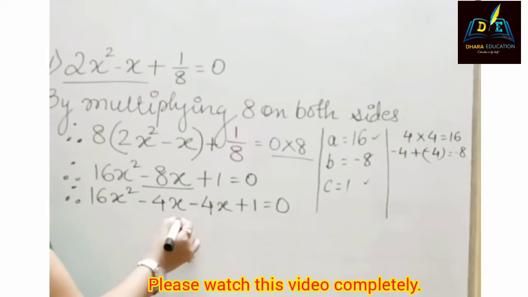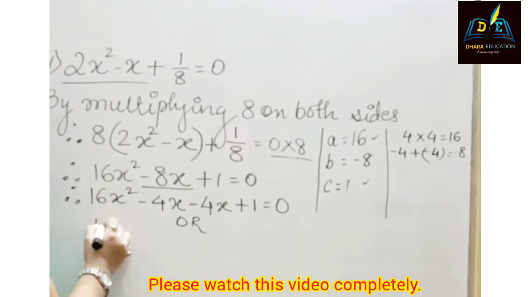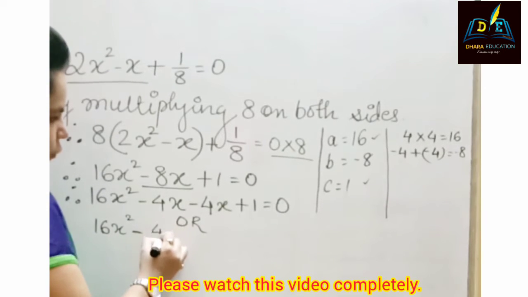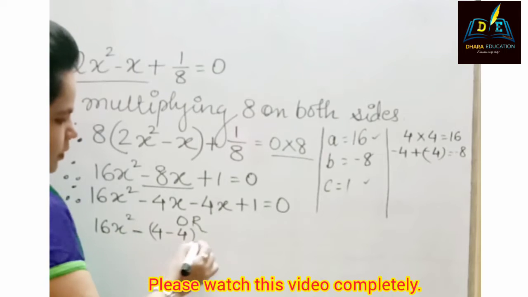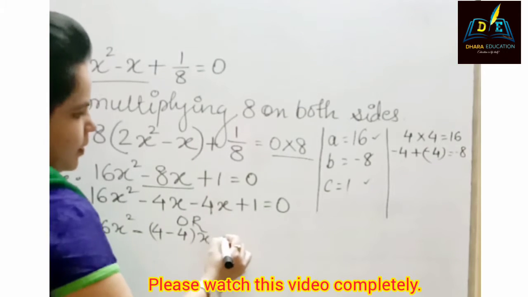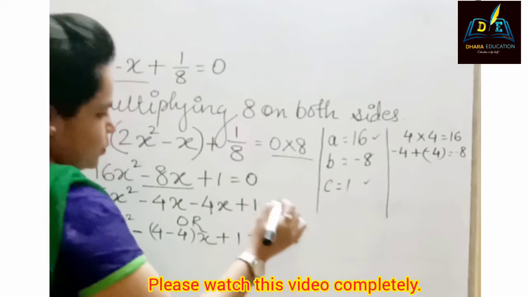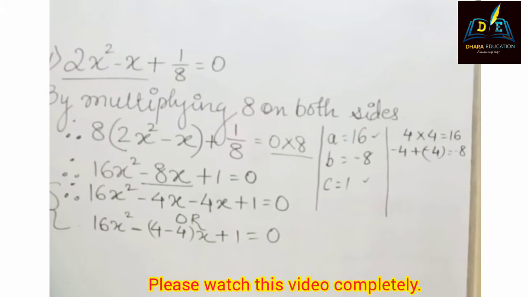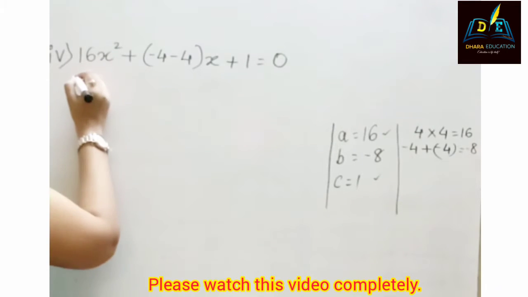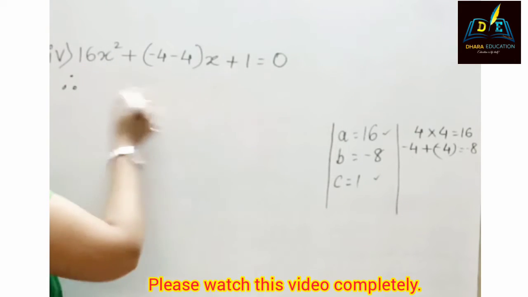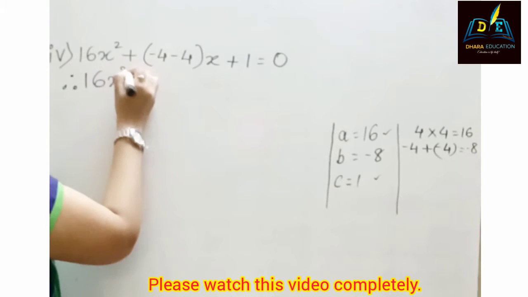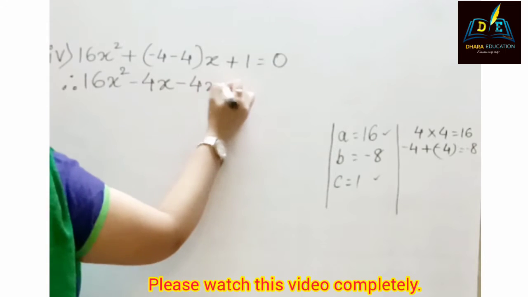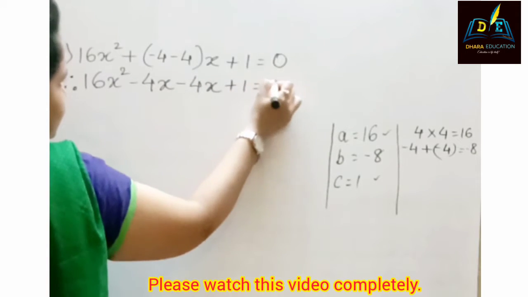Also, you can do one more step like 16x square minus 4 minus 4 bracket x plus 1 is equal to 0. So, any of the steps you can do. So, now students, we will continue as I have written. So, 16x square minus 4x minus 4x plus 1 is equal to 0.